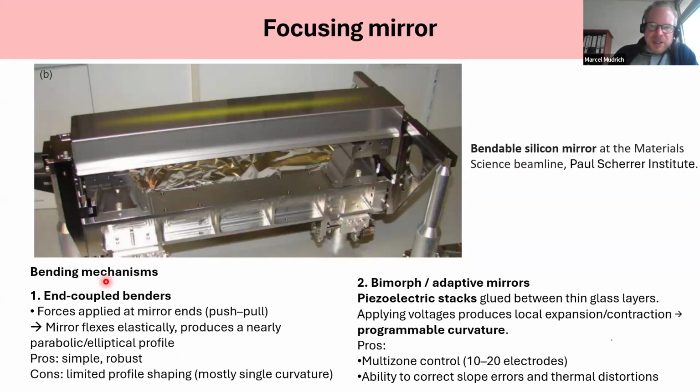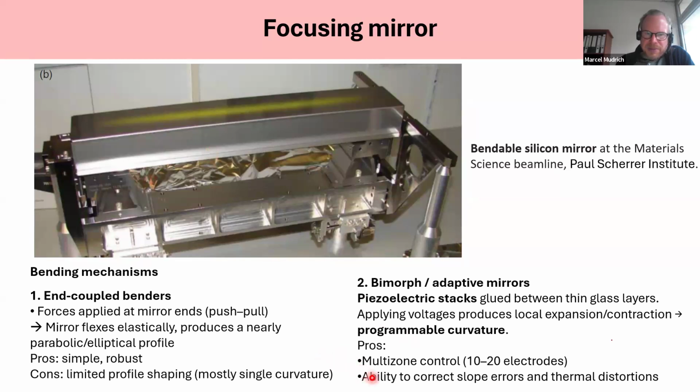So more modern and more intelligent ways are by gluing little piezo elements into the different regions, as segments into the mirror material. And then by applying high voltages on the piezo stacks, we can adaptively control at least sections of the mirror.